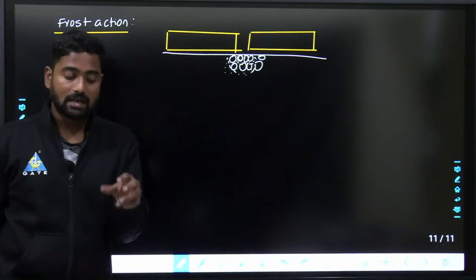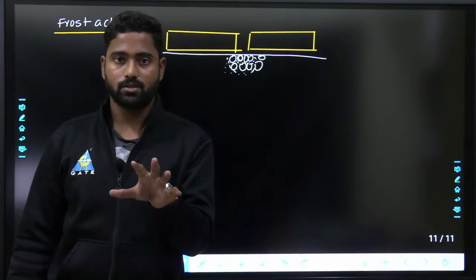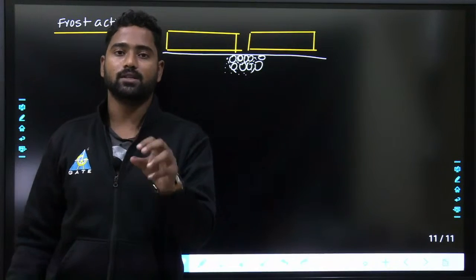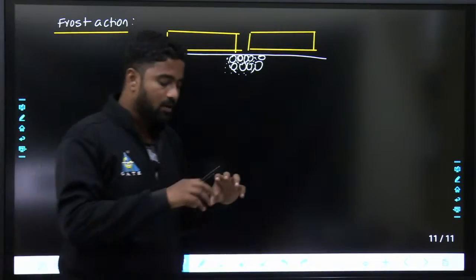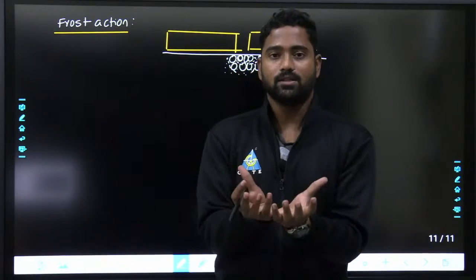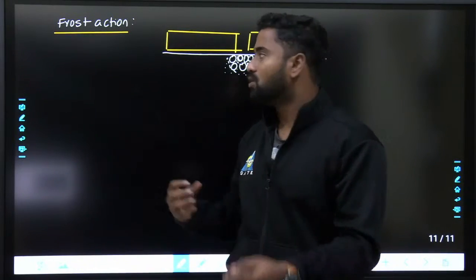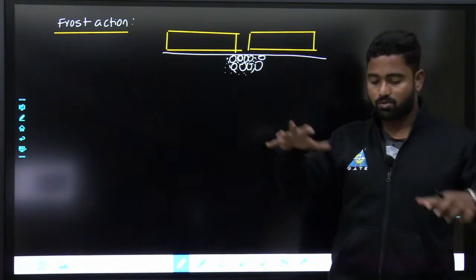That water will be converted into ice crystals, because the temperature is less in the winter season. Since it is converted into ice crystals, the volume increases. If volume increases, automatically cracks will develop, because we are containing it.